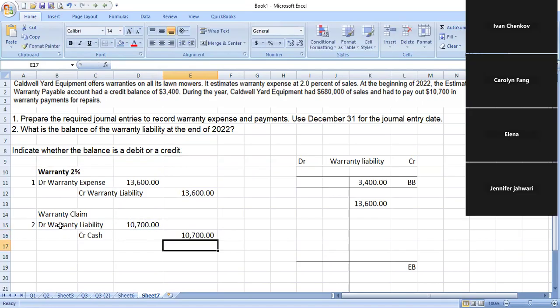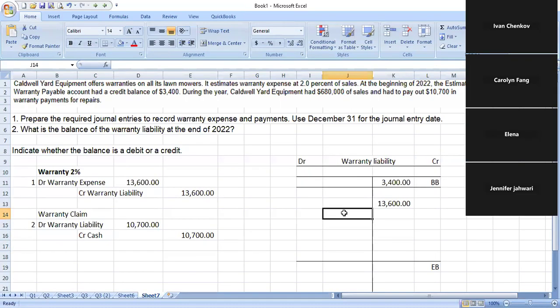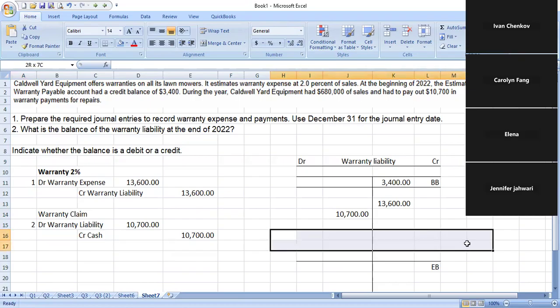So now we have another entry related to our warranty liability account, but now it's on the debit side. On the debit side, we have an entry of $10,700. Okay, any more entries here? No, right? So the last thing left is to figure out what's going to happen in our warranty liability account.